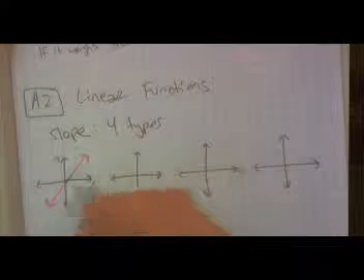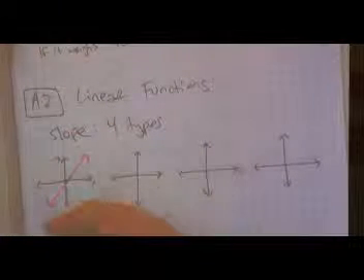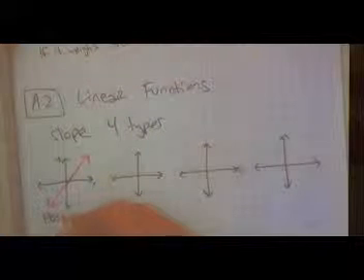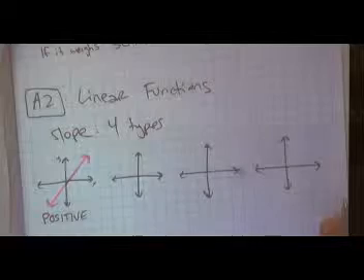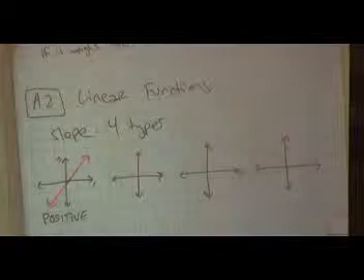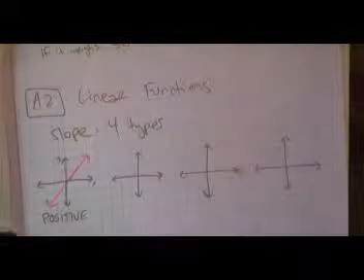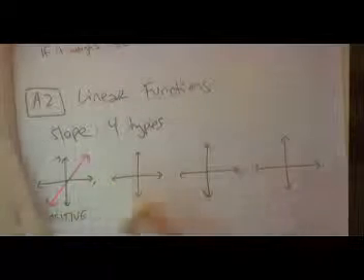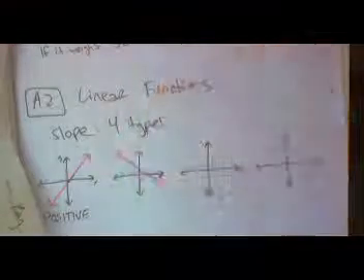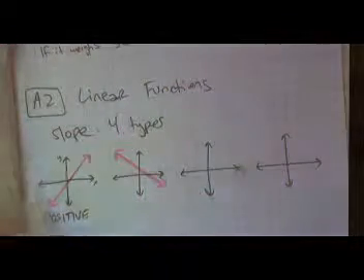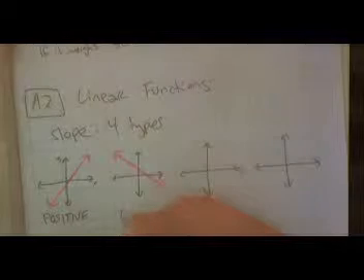It's positive. So if we have a positive slope, what's the other option? Negative. If we have a line that's going down from left to right, the same way we read, this would be a negative slope.